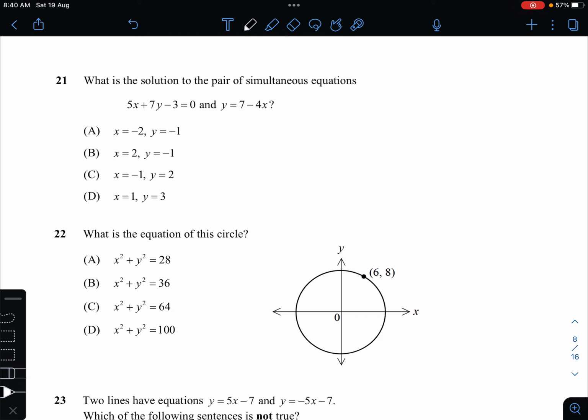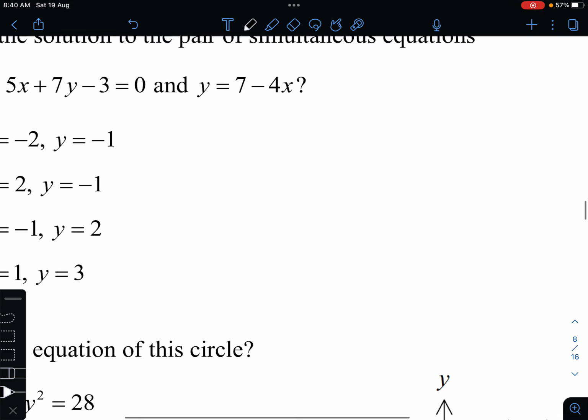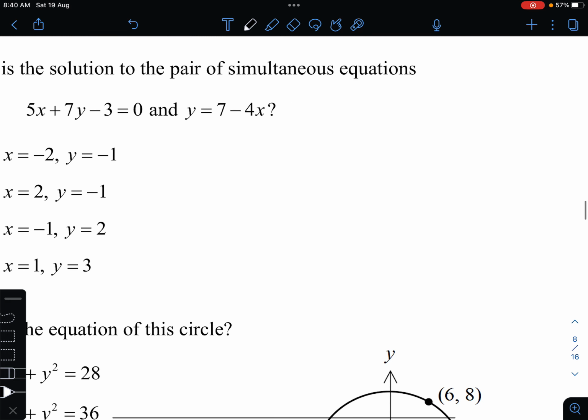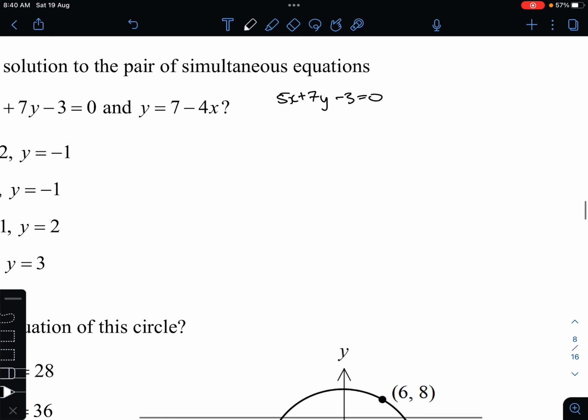What is the solution to the pair of simultaneous equations? You actually had quite good working out for simultaneous equations earlier. Your only issue was you kept doubting yourself the whole way through. So, full confidence, 5x plus 7y minus 3 equals 0 is our equation 1, and y equals 7 minus 4x is our equation 2. I'm going to rearrange the first one because you want them to equal the same thing.